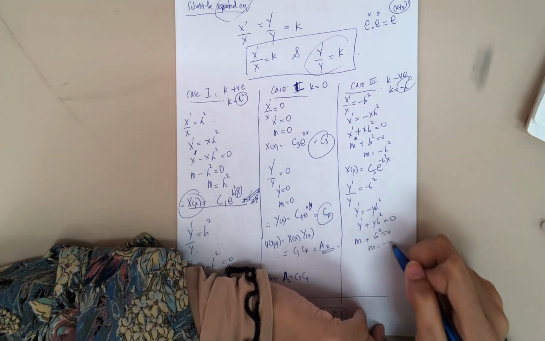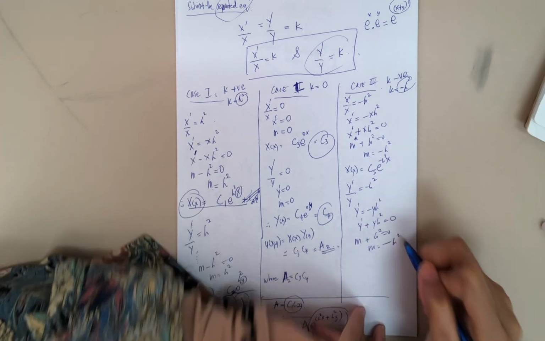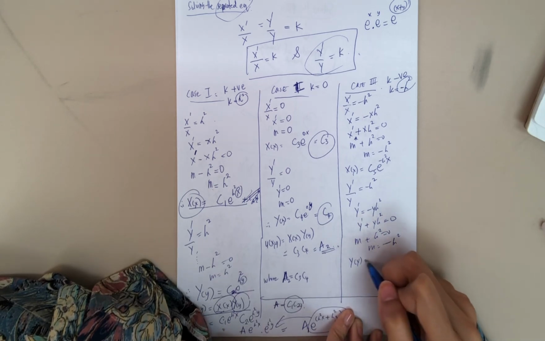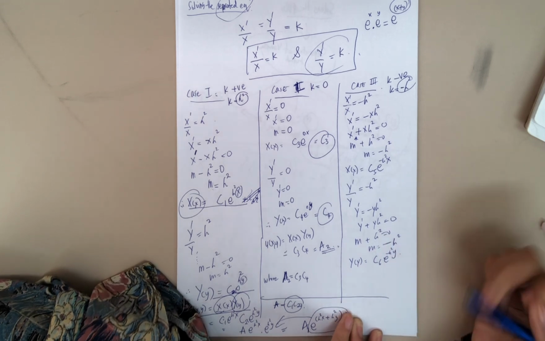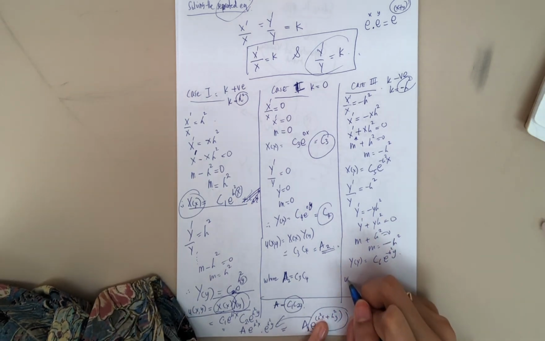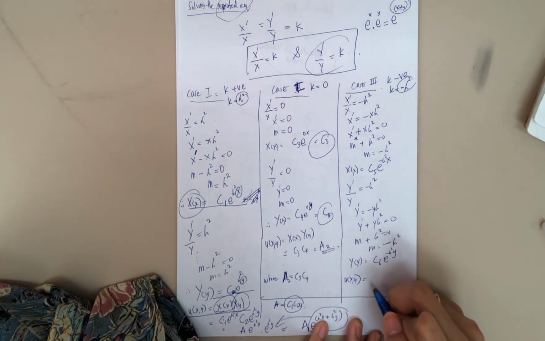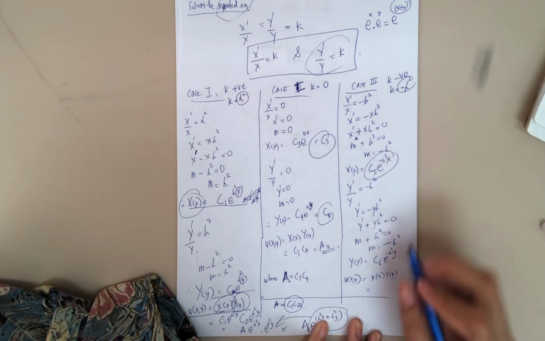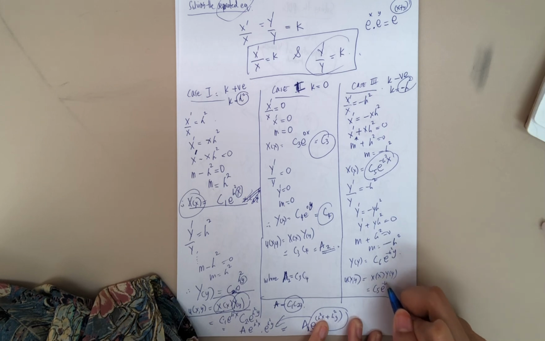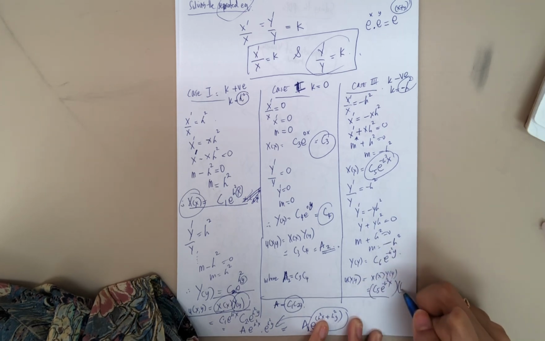Therefore, your m is equal to negative lambda square, and the y equation is equal to c6 e power negative lambda square y. So then continue again here. So x times y means your x equation is c5 e power negative lambda square x times c6 e power negative lambda square y.